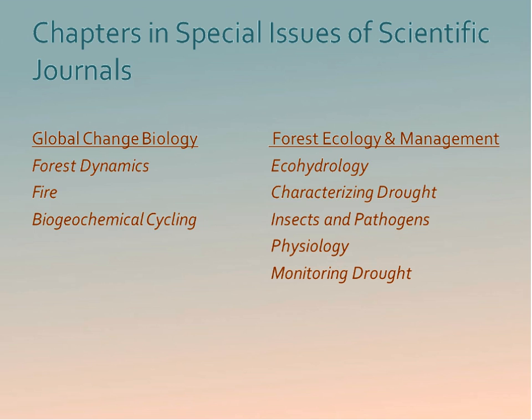The Global Change Biology Journal has published 3 papers related to forest dynamics, fire, and biogeochemical cycling. And Forest Ecology and Management is in the process of publishing a special issue on the topics on the right side: ecohydrology, characterizing drought, insects and pathogens, physiology, and monitoring drought.